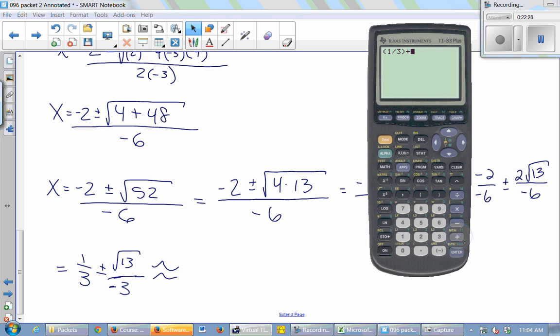So 1/3 plus the square root of 13 over -3. And I get -0.87. And then I do the same problem, but I'm going to subtract: 1/3 minus root 13 over -3. So change that to a minus, and I get 1.54.